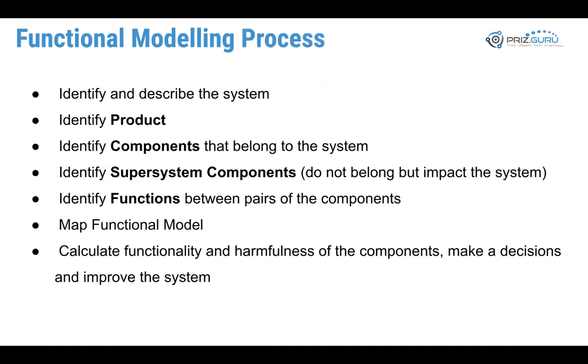Now, what's the process of functional modeling overall? First of all, we need to identify and describe the system. Before we start modeling and charting something, we need to understand what we're charting, what we're trying to analyze. It's especially important in larger and more complex systems where you have many different steps.